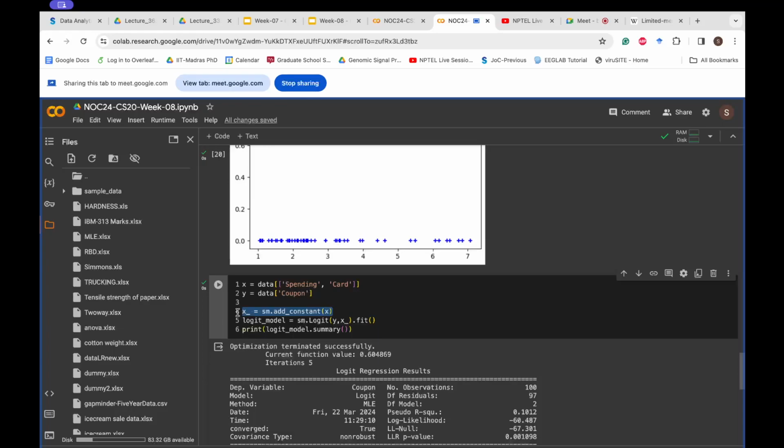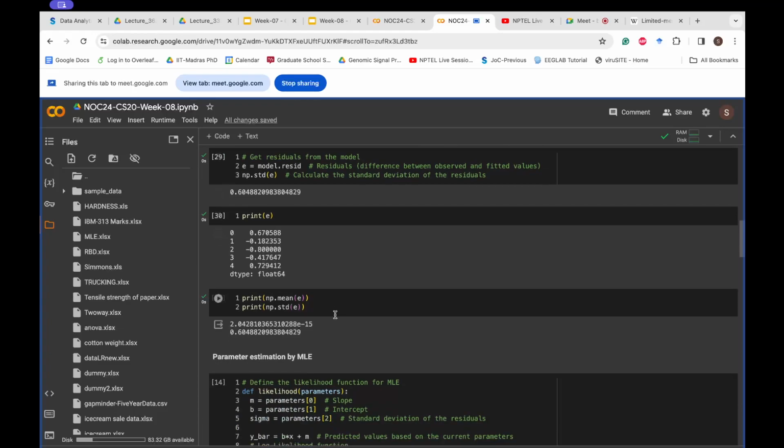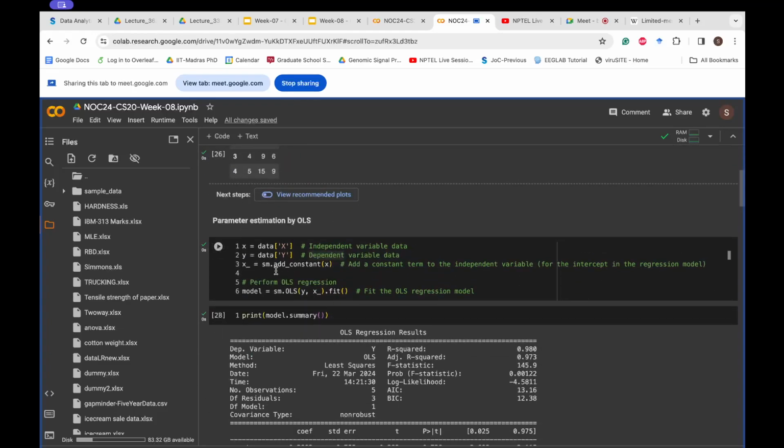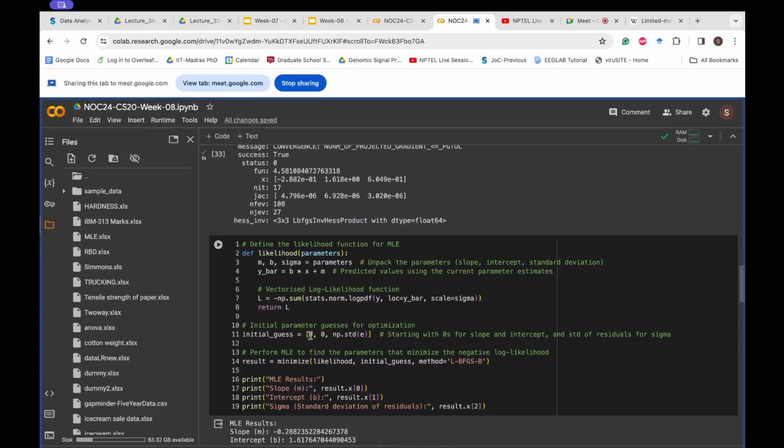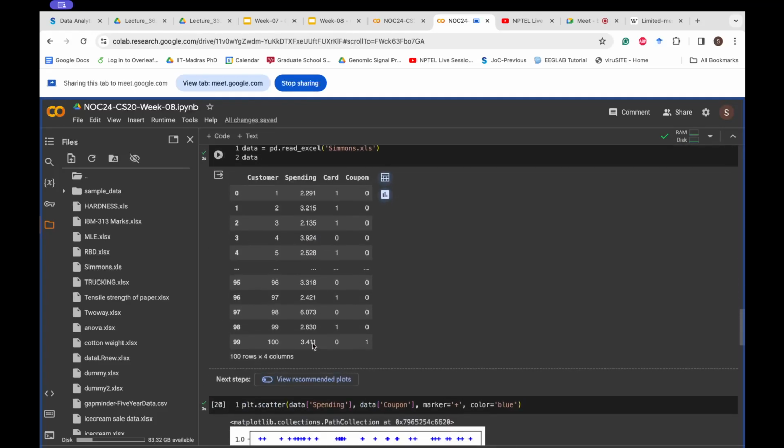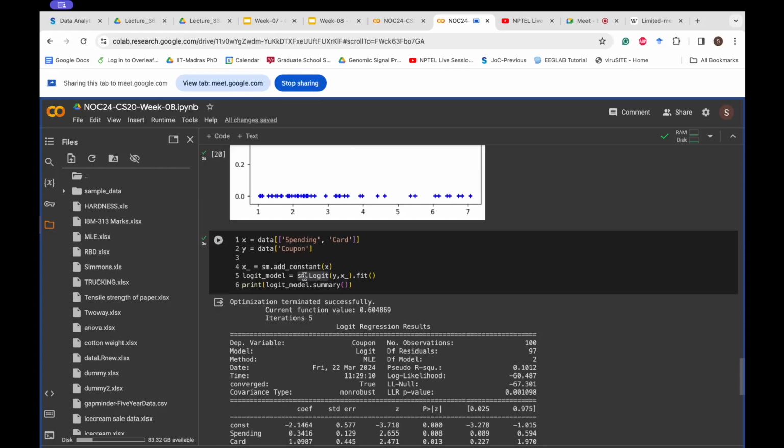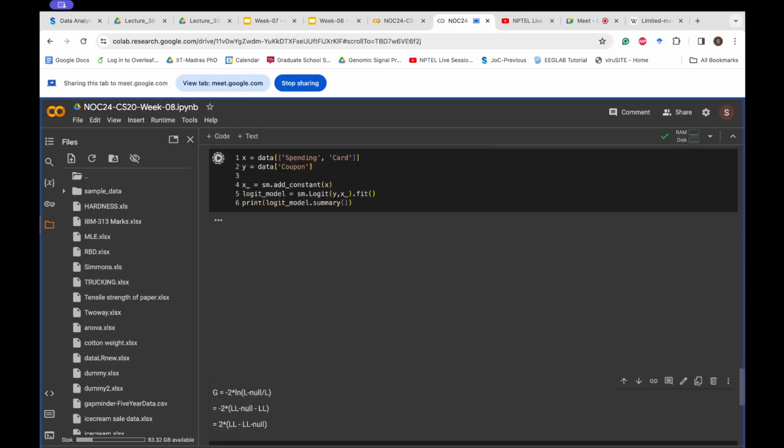Similar to what we did in linear regression, we are adding a constant for the intercept term. Now this is the main thing. Instead of sm.ols as we were doing over here, for the logistic regression problem we are using sm.logit and passing the dependent variable and the independent variable. So let me just run this.